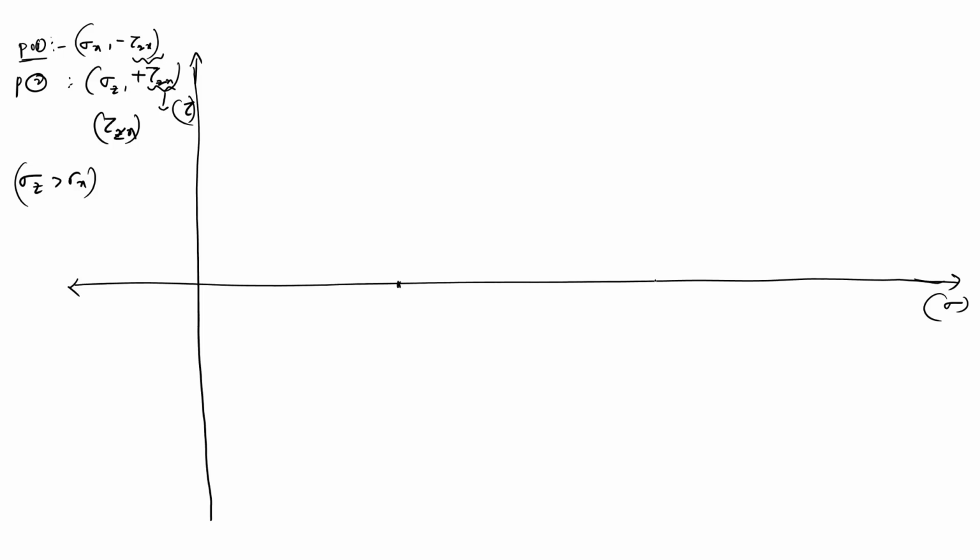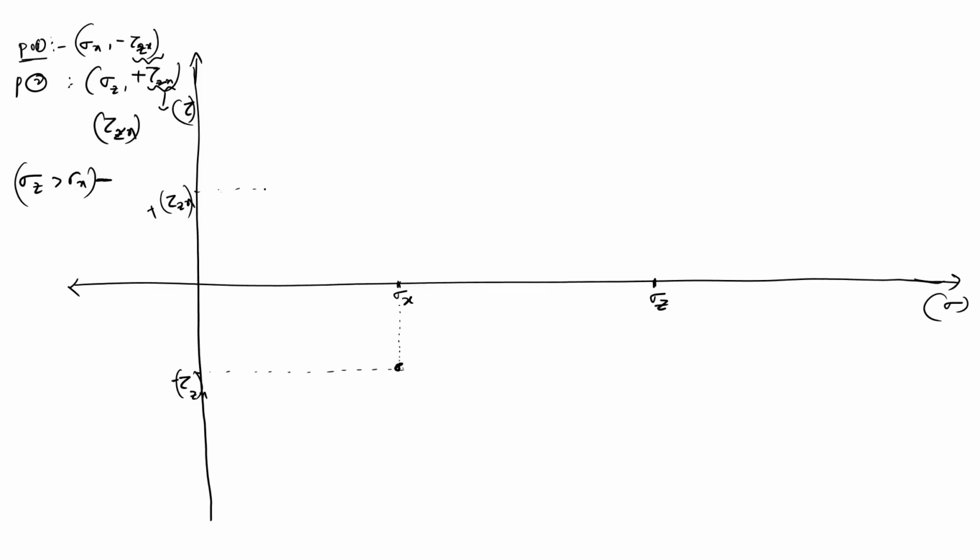Let us consider this is sigma x and this is sigma z. The negative tau zx will be downward, and the positive tau zx upward, at the same distance.